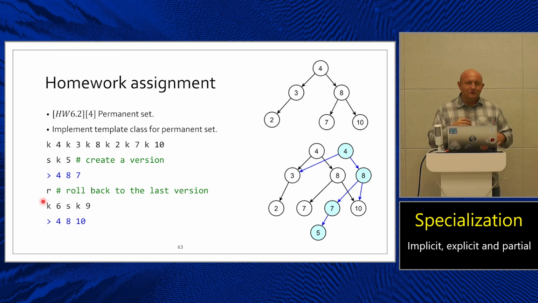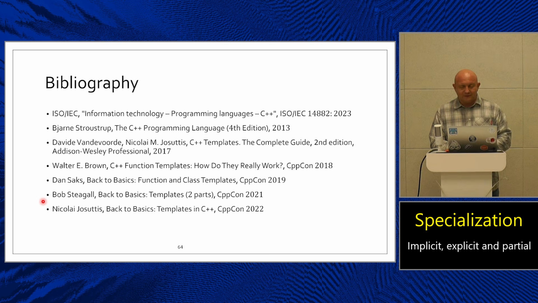Try to use your knowledge of template programming, of generic programming, to design a good generic class for the persistent set. This is not so easy as you can think.